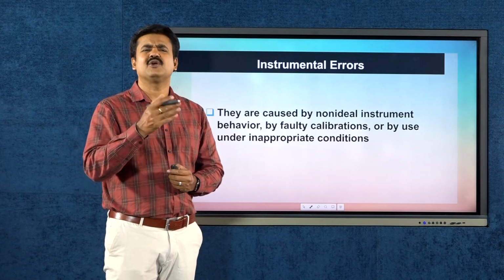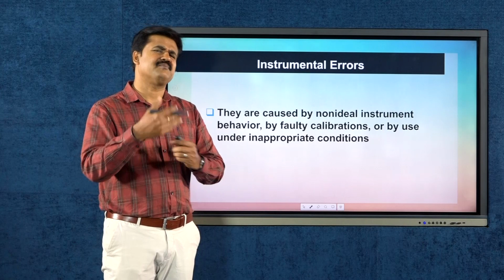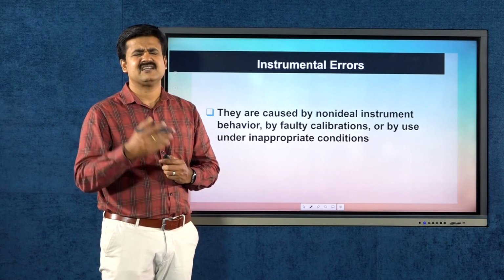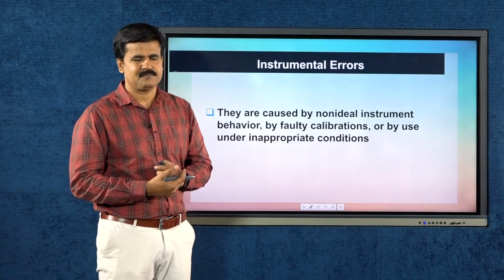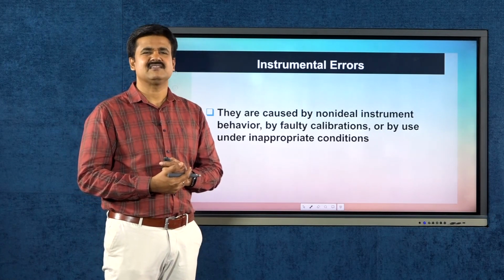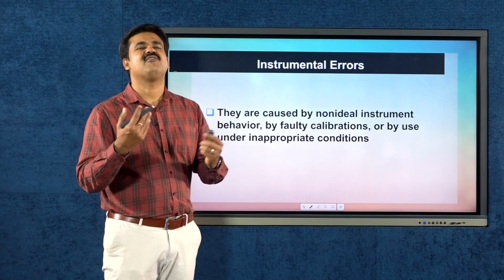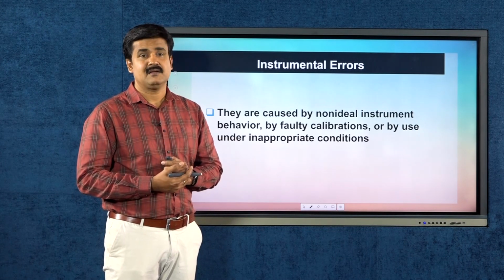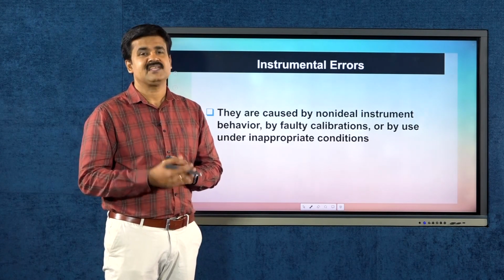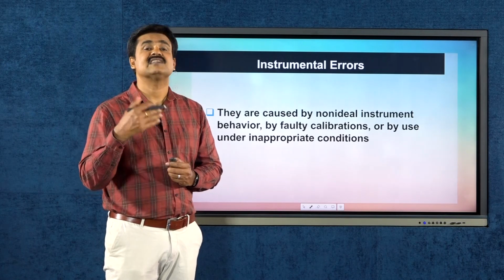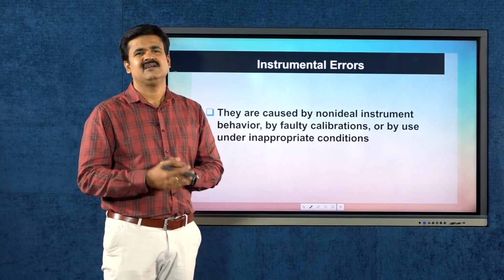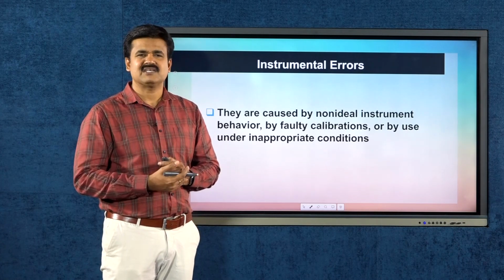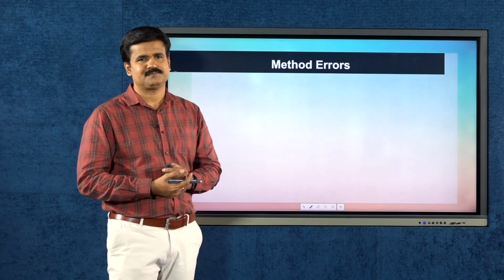So, if you are not performing a calibration and temperature fluctuation, voltage fluctuation, etc. are there, you can call such a condition inappropriate conditions. So, when you proceed with those conditions, the measured pH may not be accurate. It may deviate considerably from the actual value. So, that is known as the instrumental error.